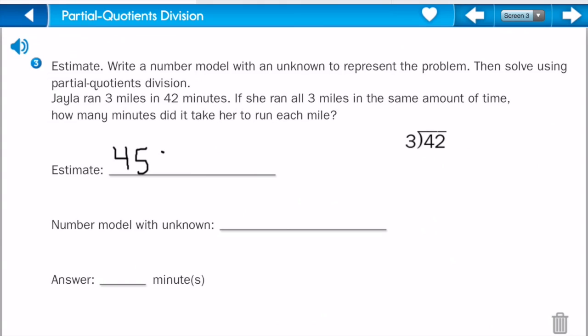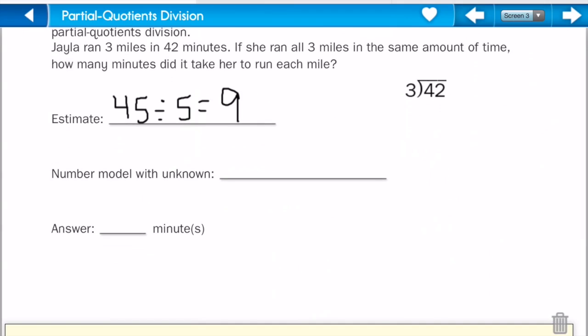And then I'm going to round my 3 to a 5, because that's pretty easy for me to do. What's 45 divided by 5? Equals 9.